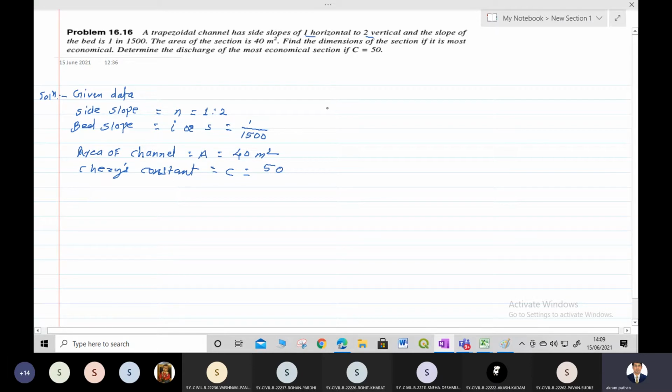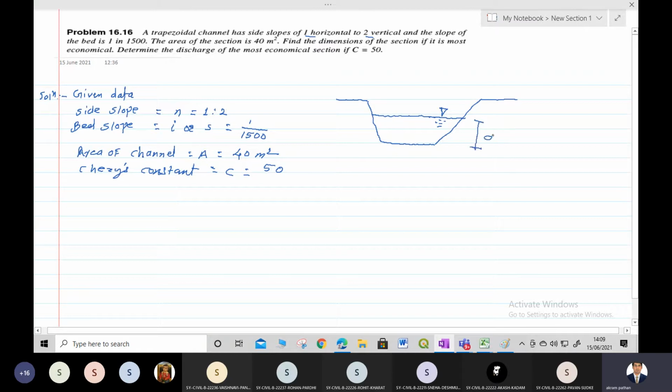So what you have to do in case of the hand calculation, you have to draw the diagram also. So here we have the diagram for the trapezoidal channel section. You have to draw the diagram with your scale and pencil. For the hand calculation, remember. So this is the discharge.